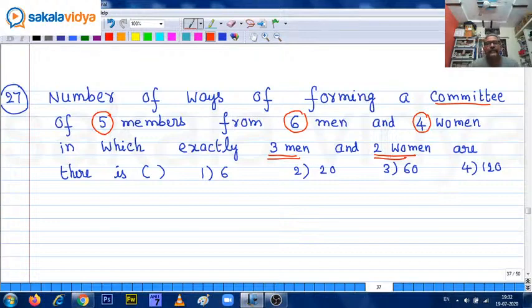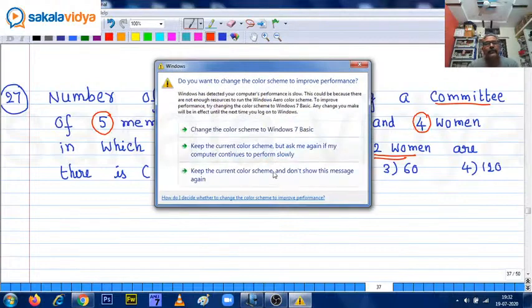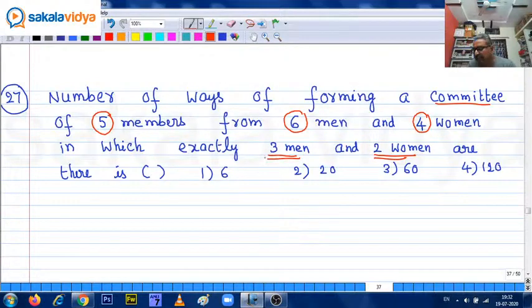So 3 men are to be selected from 6 men, which can be done 6C3 ways, whereas 2 women can be selected from 4, which can be done 4C2 ways. Using the multiplication principle, that is 6C3 multiplied by 4C2.